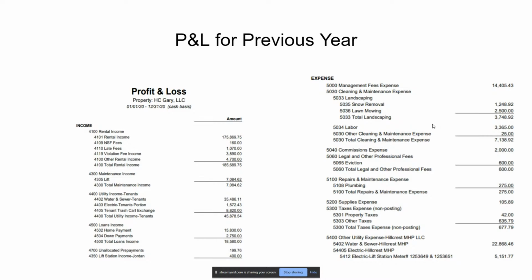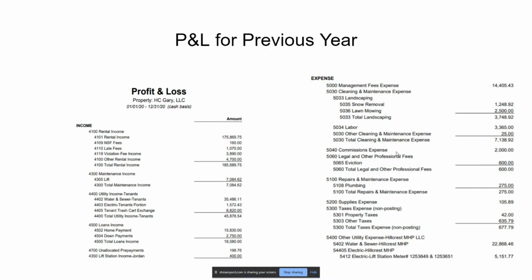We got the loans income. We have some rent to owns in that particular park, the 4,500 block there. And then the prepayments, we had some people that paid early. Anyway, and then we got the expenses, a lot of them, right? We got management fees, we got snow removal. It's up in Gary, Indiana. Cleaning.